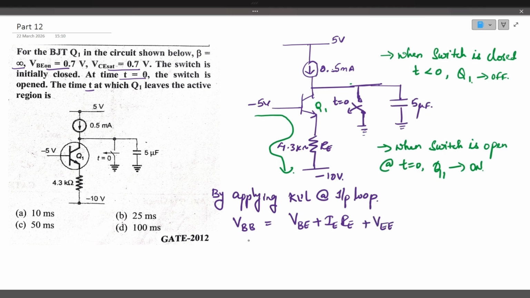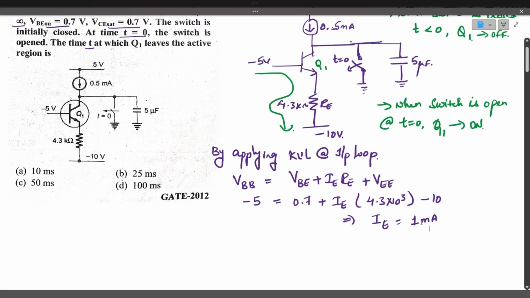By substituting the values, minus 5 equals VBE, given as 0.7 volts, plus the emitter current, which is not known, times the emitter resistance of 4.3 kilo ohms, plus VEE, which is minus 10 volts. This gives the emitter current IE as 1 milliamp.